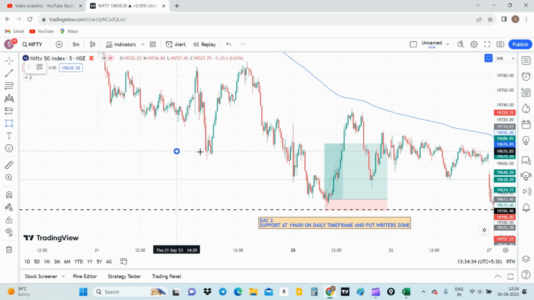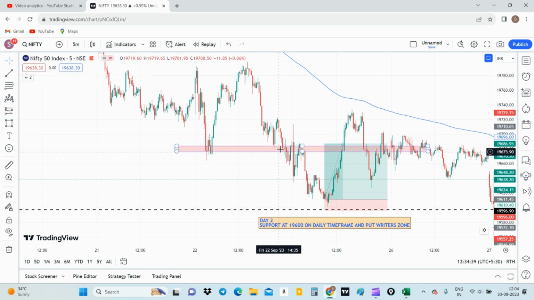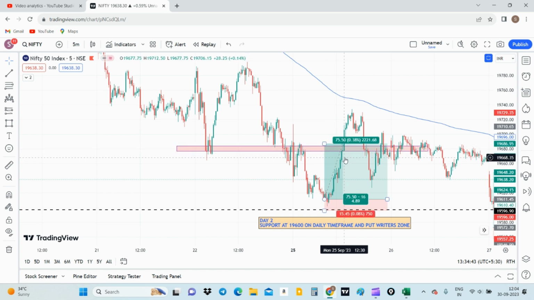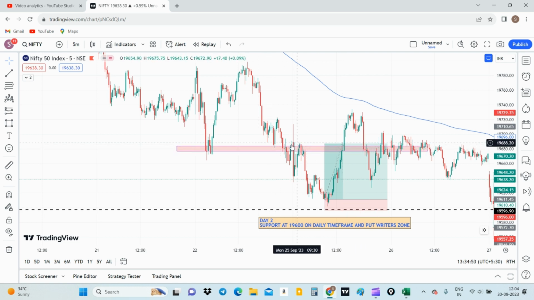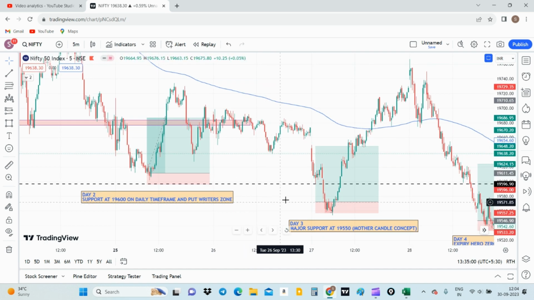If I draw a zone over here, we have a lot of support and resistance. We also saw a doji pattern formation on a 5 minute time frame, and even though it went on to rally almost till 19,730, I was hesitant because we had seen a lot of resistance over here. That was my logic behind the trade for the second day.